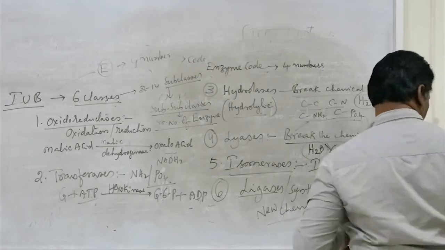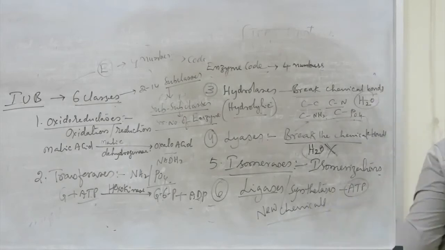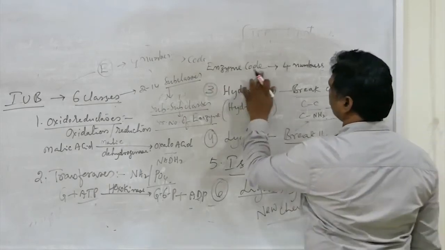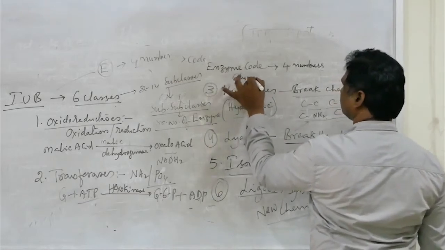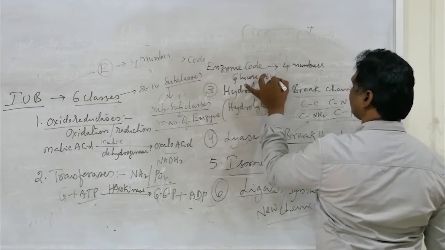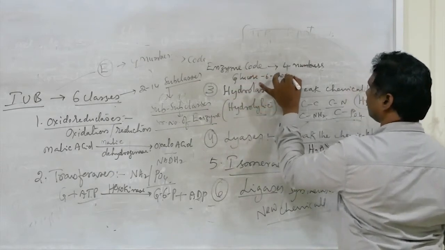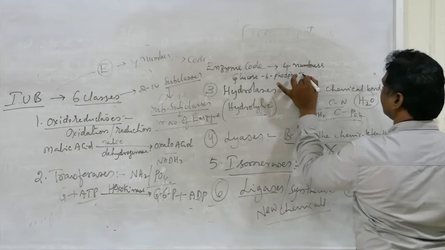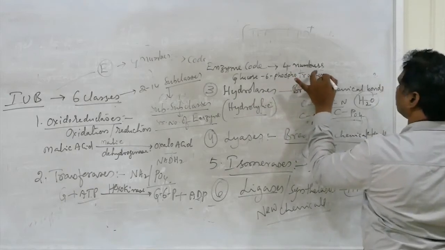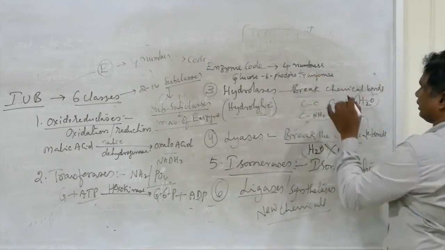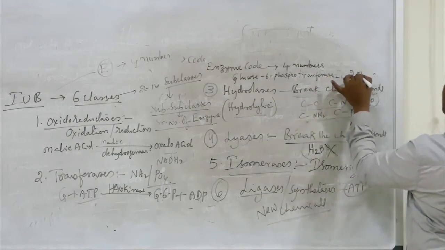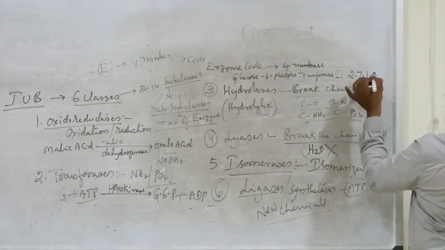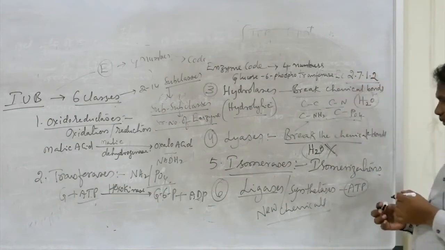There is one example in our textbook: glucose 6-phosphotransferase, EC 2.7.1.2.